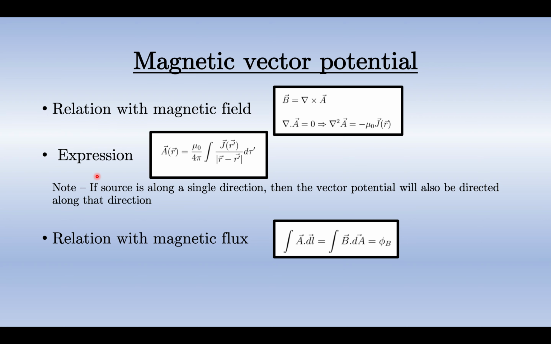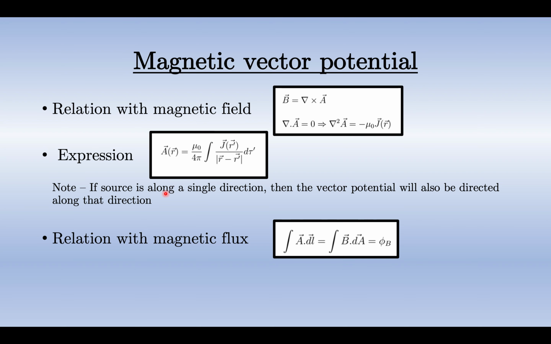From that we can get an expression for the magnetic vector potential in general, which closely resembles the expression we have for the electric potential. Instead of a scalar function we have a vector function, and instead of rho we have the j vector, and everything else is very similar.